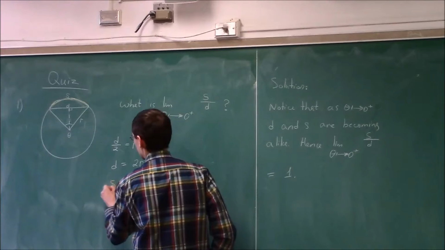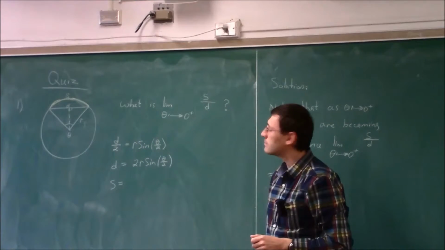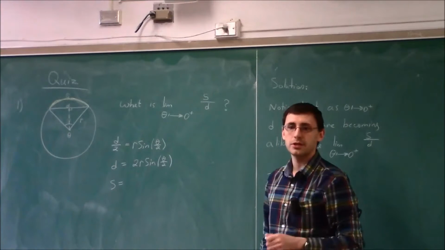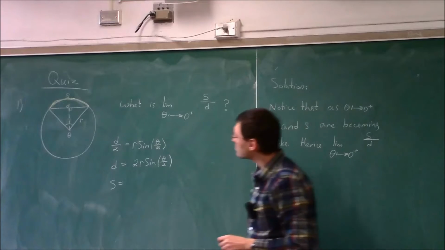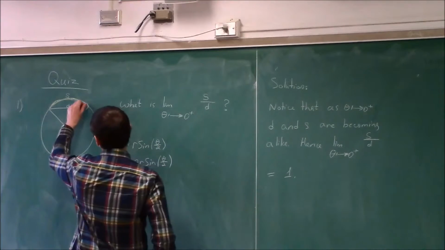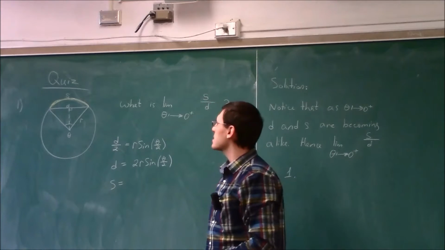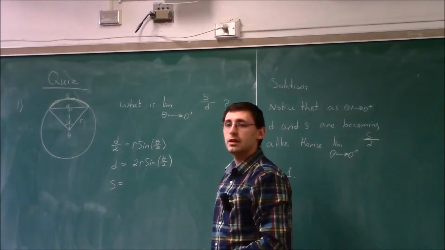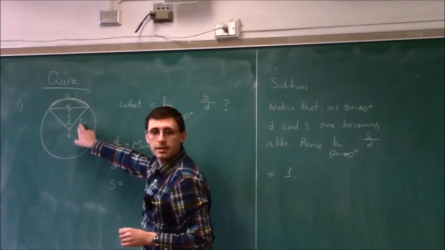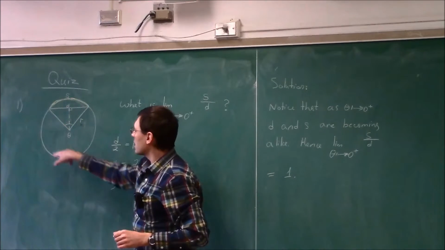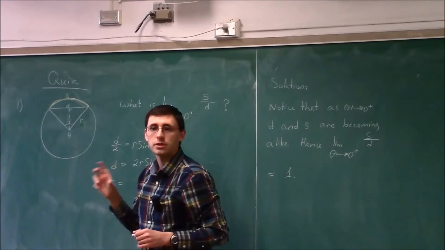What is s in terms of theta? We're using radian measure. What's s in terms of theta? Isn't it theta? It would be theta if we measured the circle in terms of the radius. But the fact that we label this as r means that we're not using that natural measurement.